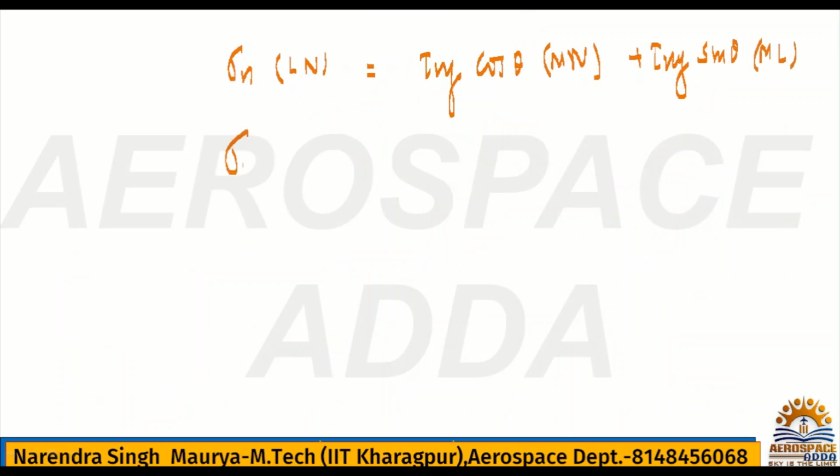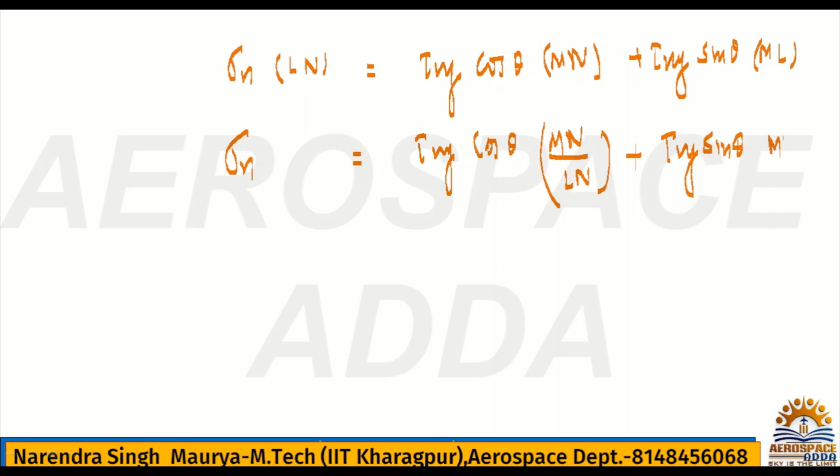We can write here sigma n is equal to tau xy cos theta mn divided by ln plus tau xy sin theta ml divided by ln.